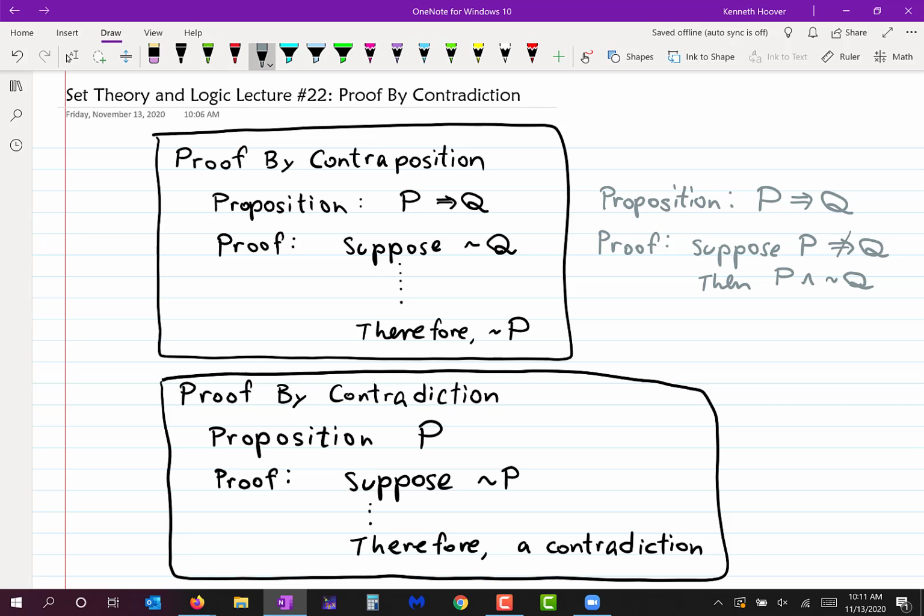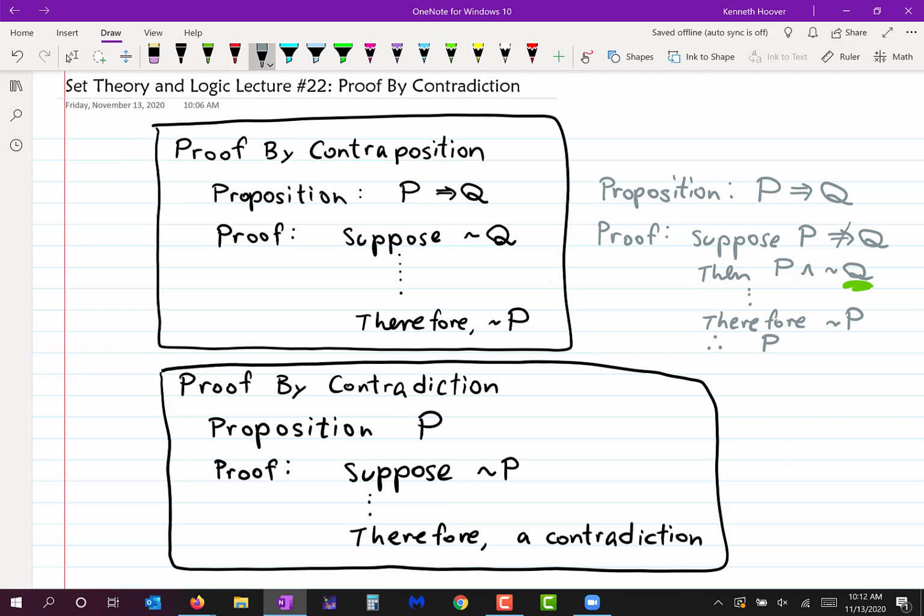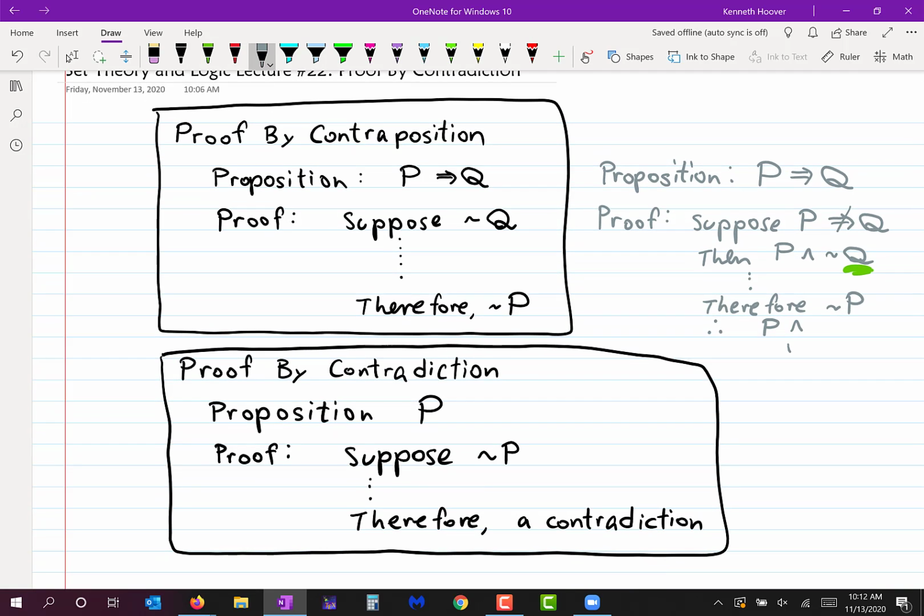And then if you used this part right here and you derived not P, then you would have P and not P, which is a contradiction, isn't it?